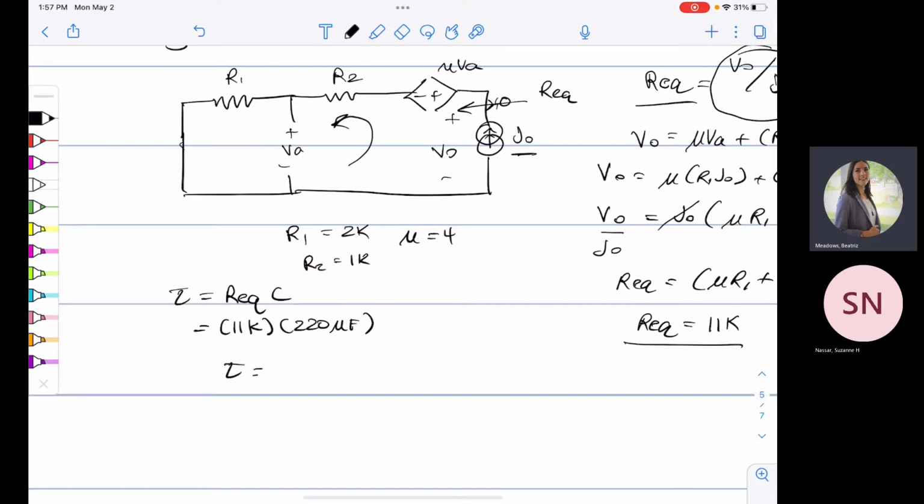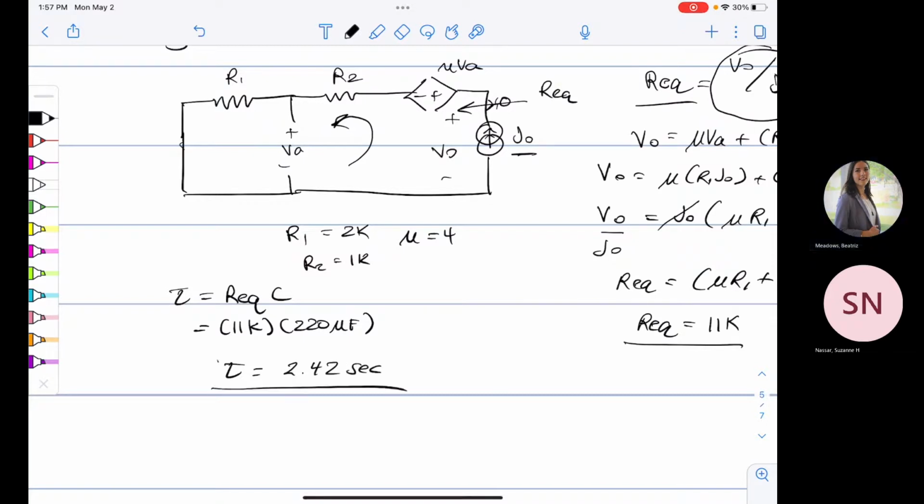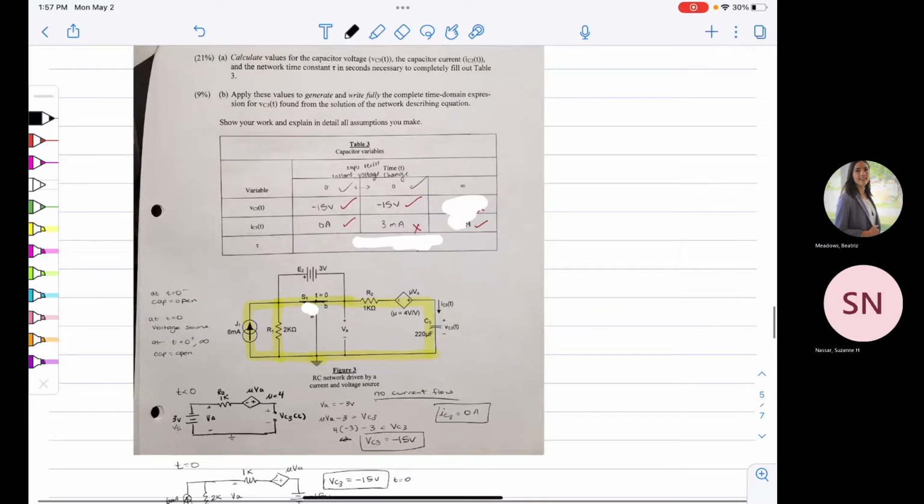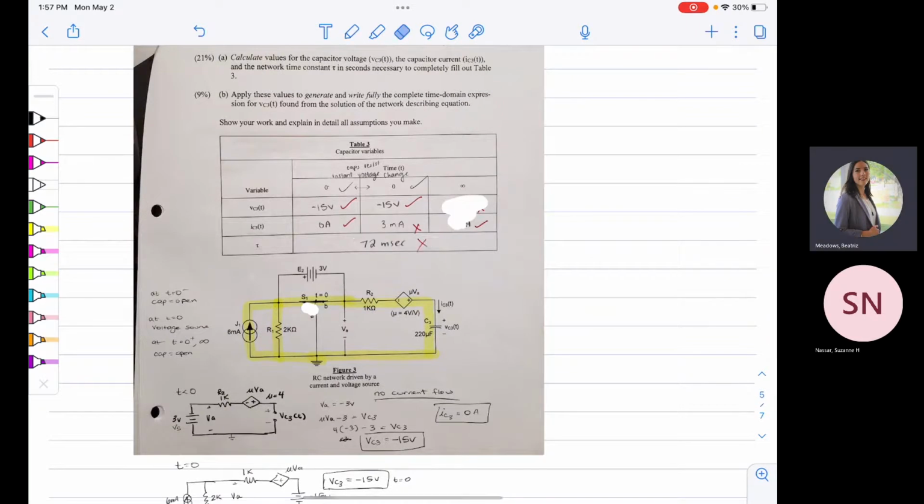And then what is our final tau value? Whatever that multiplication is, it's 2.42 seconds. So that's tau. So that fills out our table. I don't think I got it right, but we'll see.